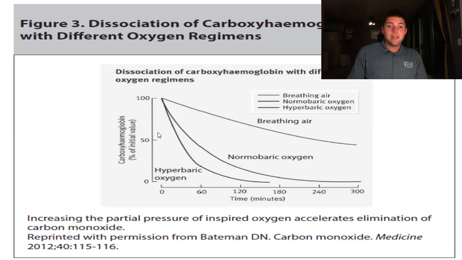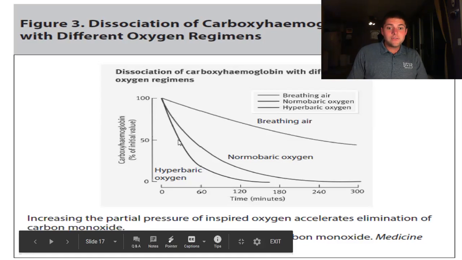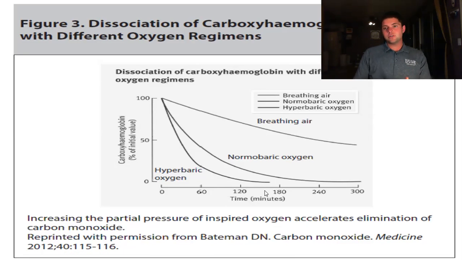So you can see that at 50%, we're down to like 30 minutes. And we're almost completely done at 2.5, almost 3 hours. So much faster. Now, hyperbaric chambers are not found in every hospital. They're a specialty.